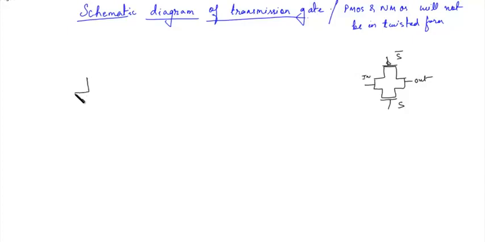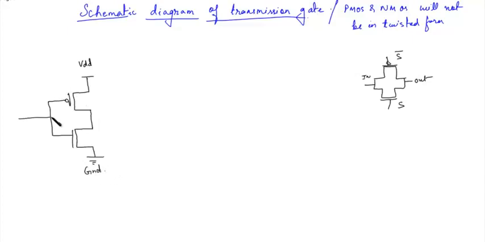So this is the inverter. VDD. This is the ground.